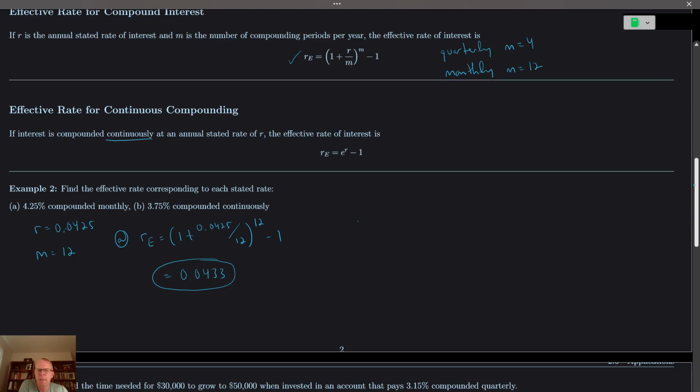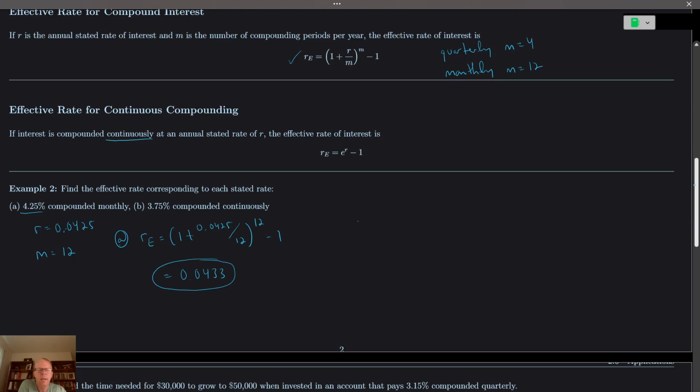Now, one thing, it's always good whenever you can, if you're solving a word problem or any problem really, to have an idea of what the answer looks like. And when you're doing these effective rates, your answer is always going to be close to the rate that you're given, whether it's the annual, monthly, or quarterly rate.